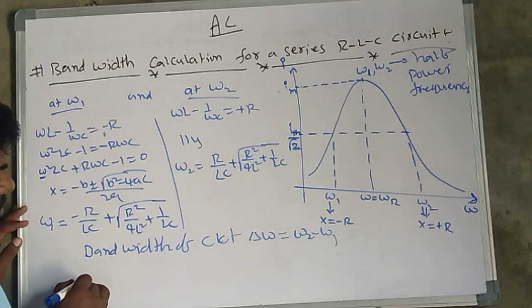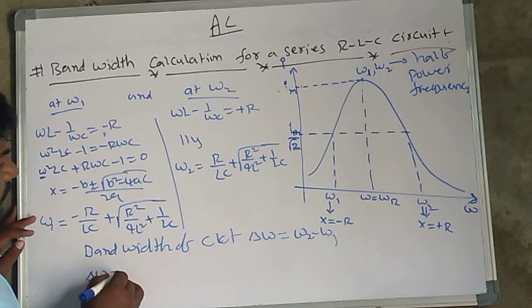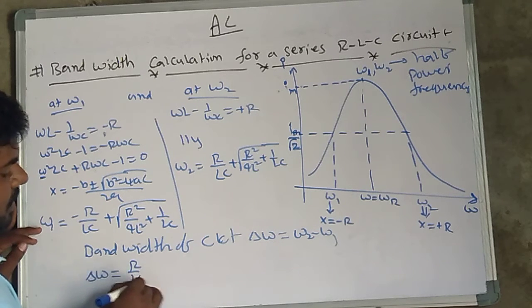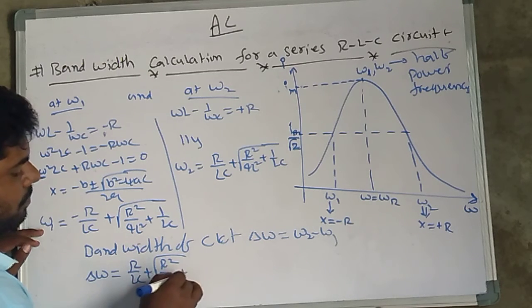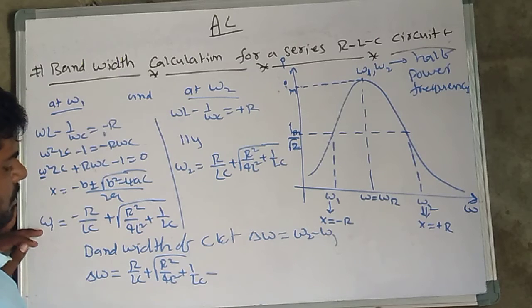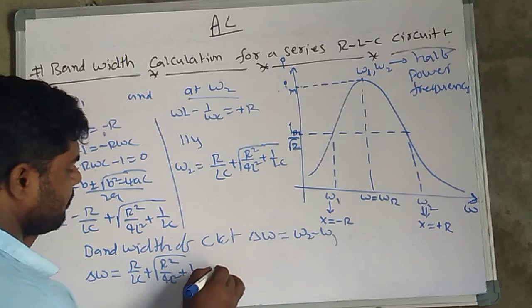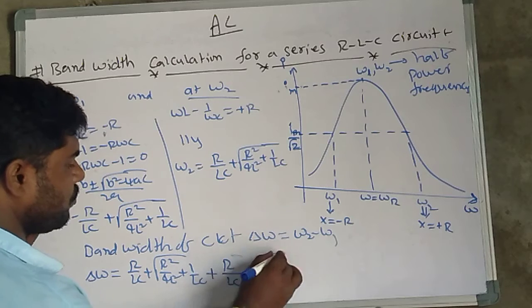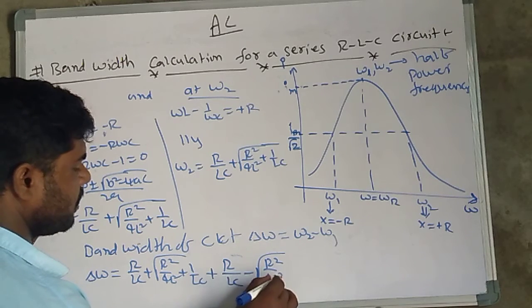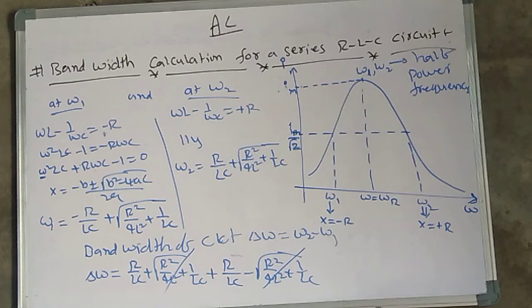Substituting here, delta omega is equal to R by 2L plus under root of R square by 4 L square plus 1 by LC, minus minus R by 2L plus root of R square by 4 L square plus 1 by LC. This value gets cancelled.